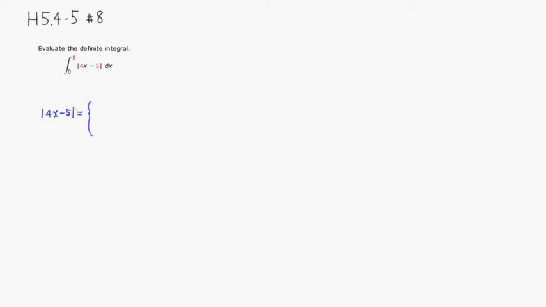When x is greater than or equal to 5 quarters, we know that the expression 4x minus 5 is non-negative, which means that the absolute value sign doesn't really do anything.